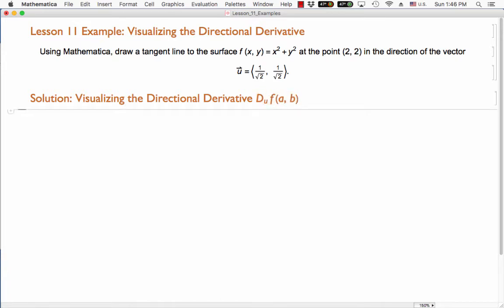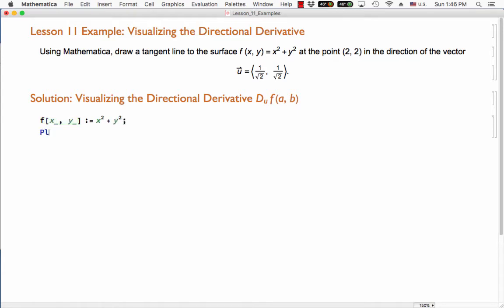Okay, here we go. So we know the definition of our function. So it's f of x, y, and this is going to be the elliptic paraboloid given by x squared plus y squared.